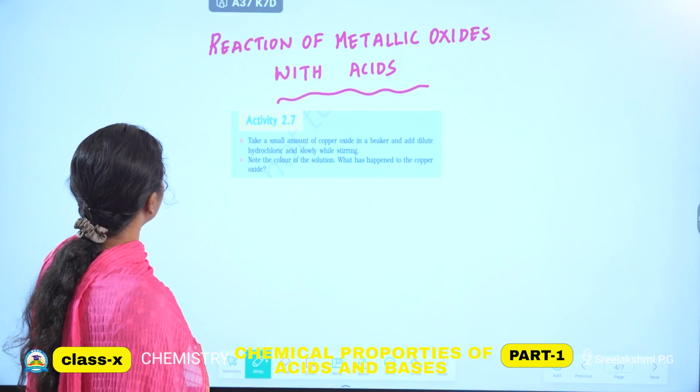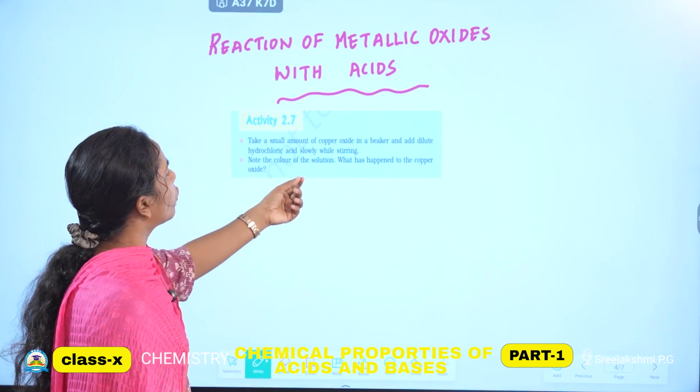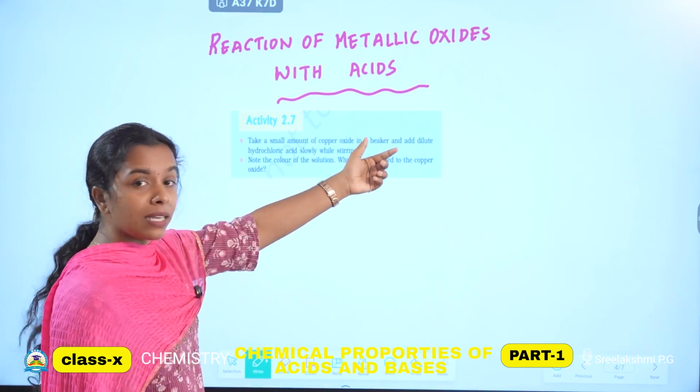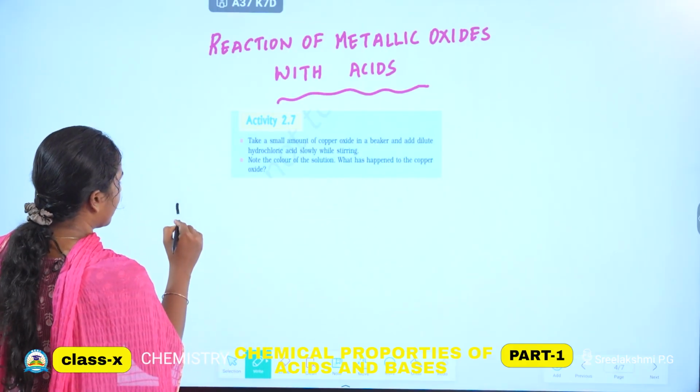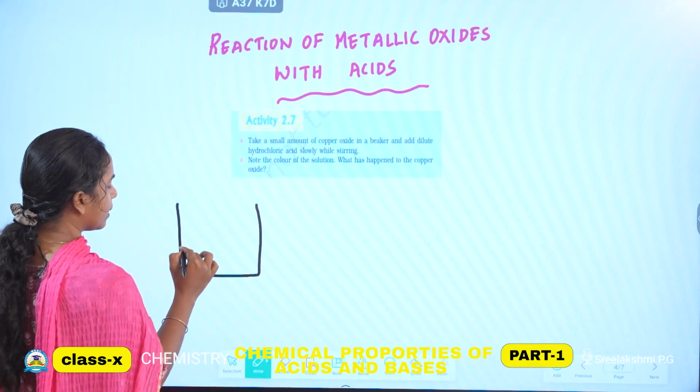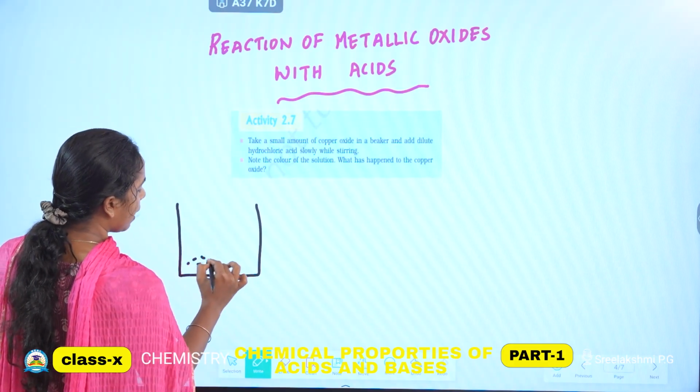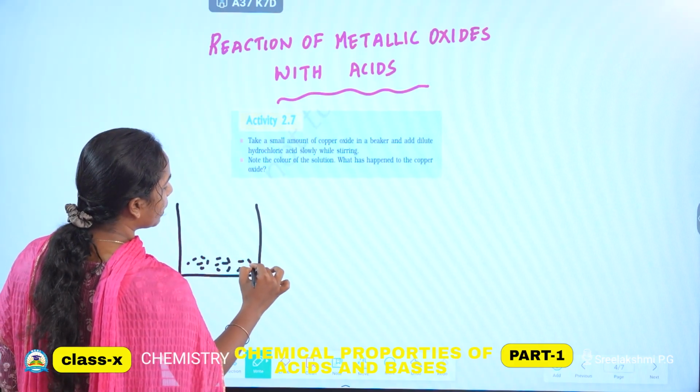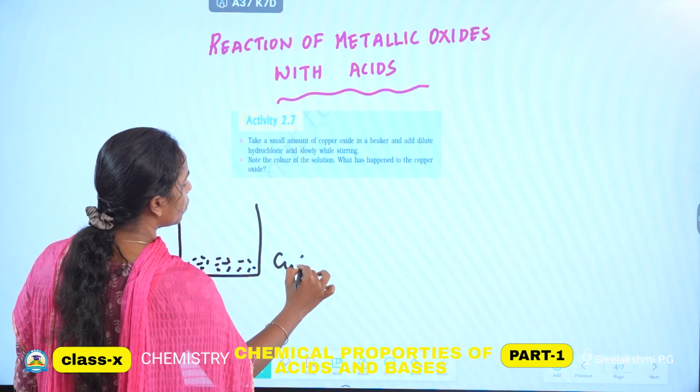What is the activity? Take a small amount of copper oxide in a beaker. That we can consider first. We have taken a beaker. Into that beaker, we have added some copper oxide, that is CuO.